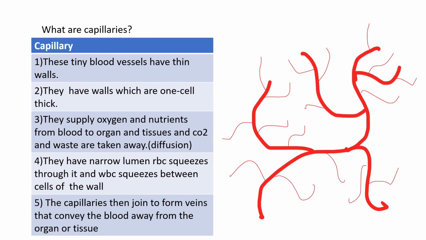The lumen is very narrow. RBCs squeeze through it, whereas WBCs, white blood corpuscles, squeeze between the cells of the wall. Okay, the capillaries then join to form veins that convey the blood away from the organ or tissue. Please learn this nicely.